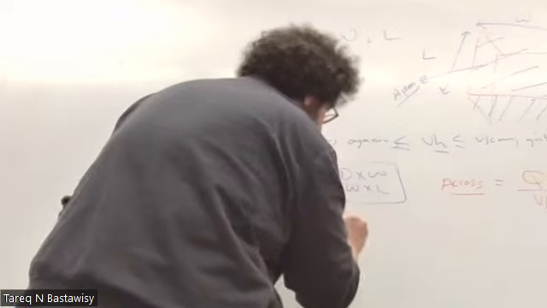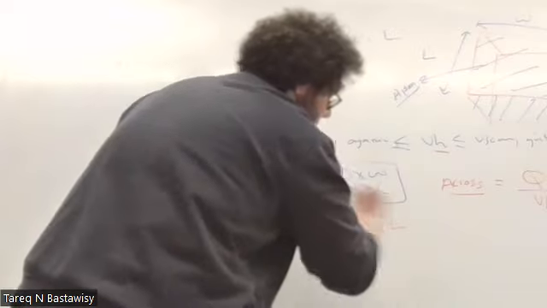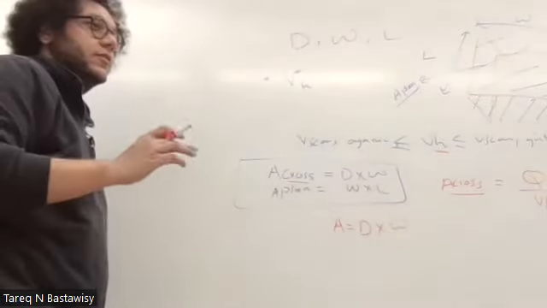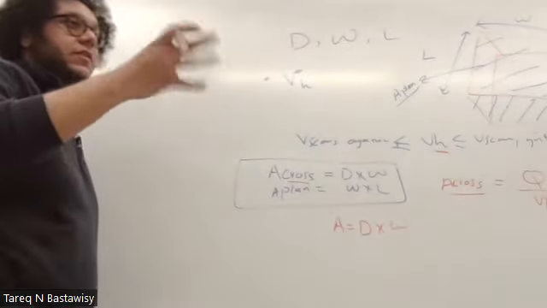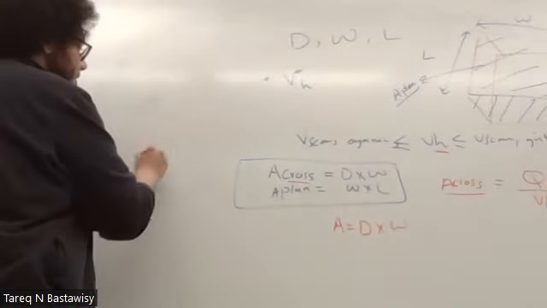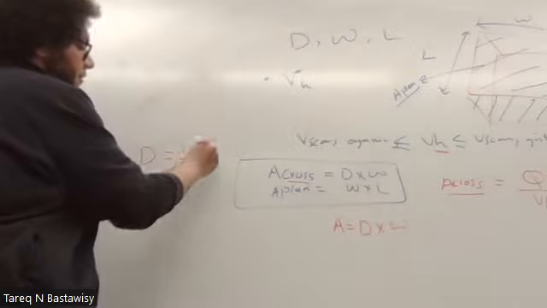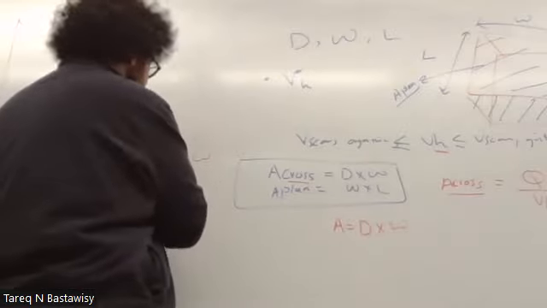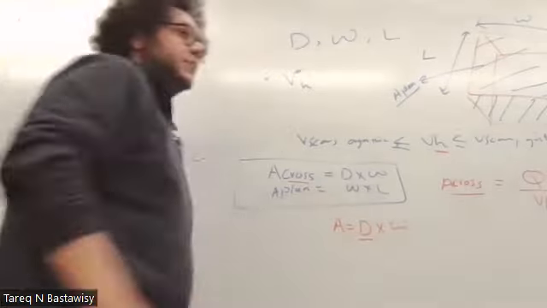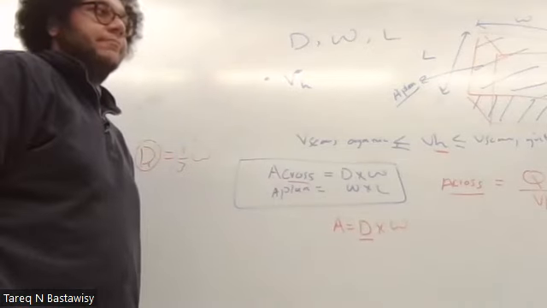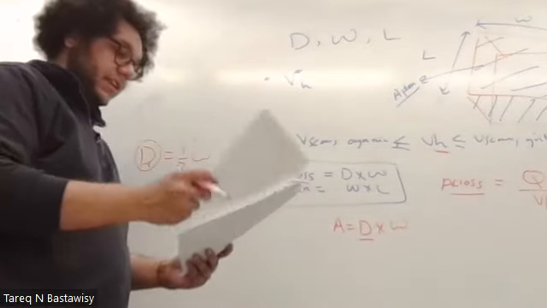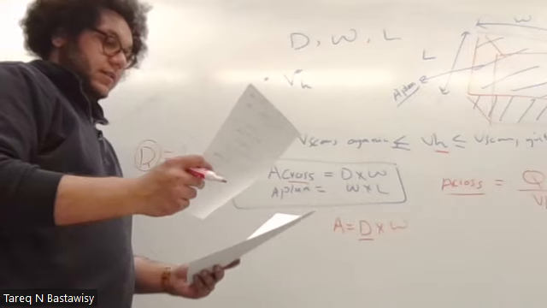Once you have that area, you can calculate the depth and width, or the depth or width. Sometimes they give you a ratio. They tell you the depth is 1/3 the width, something like that. So you can substitute this here and find the width. Okay, so that's how you do this question.